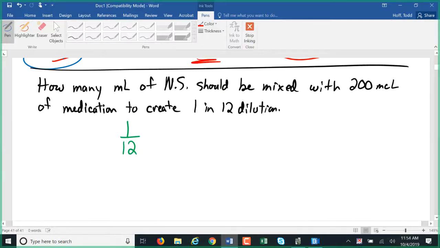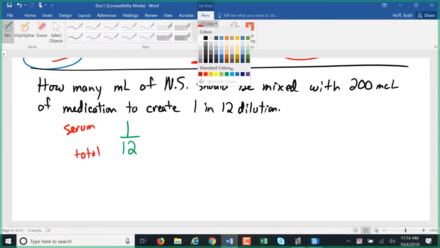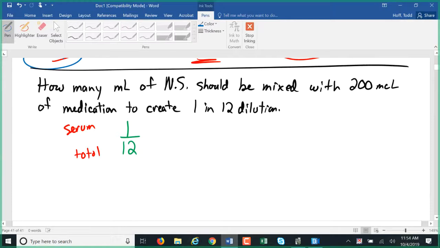Remember, the 1 represents the medication, the serum, and the 12 is the total solution. We have the serum given, 200 microliters of medication, so we want to keep the serum.